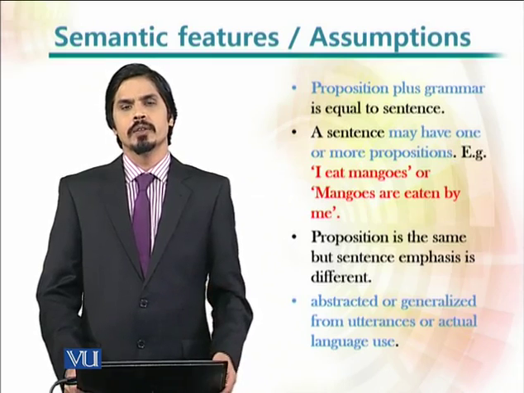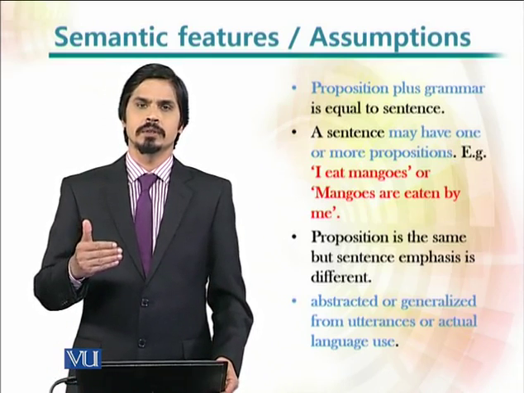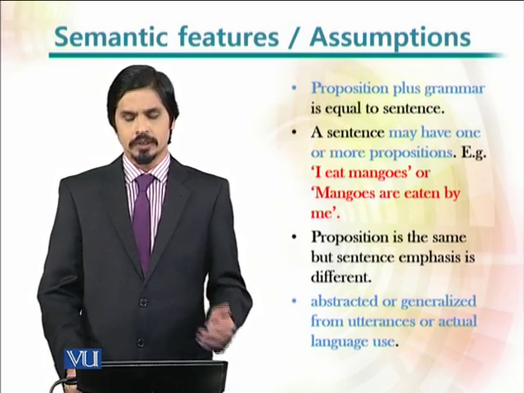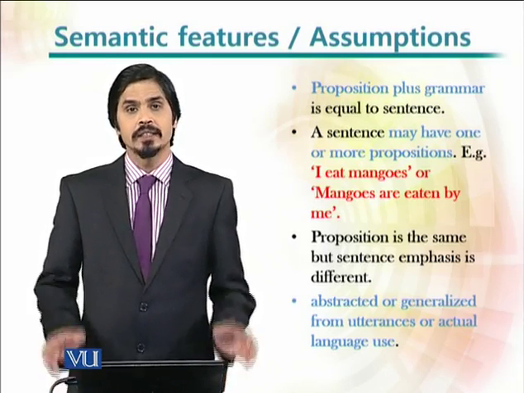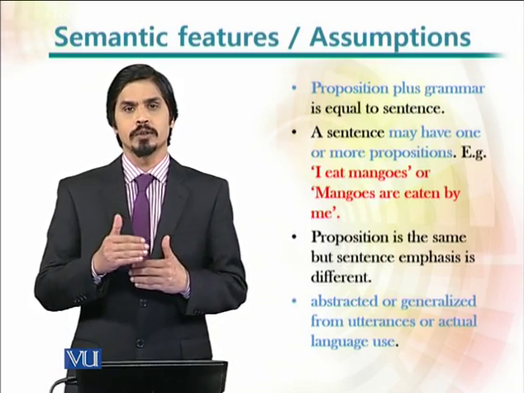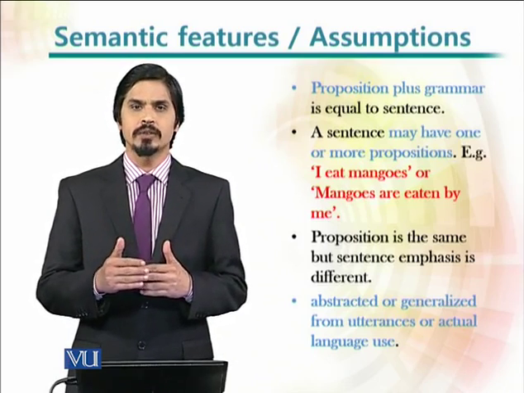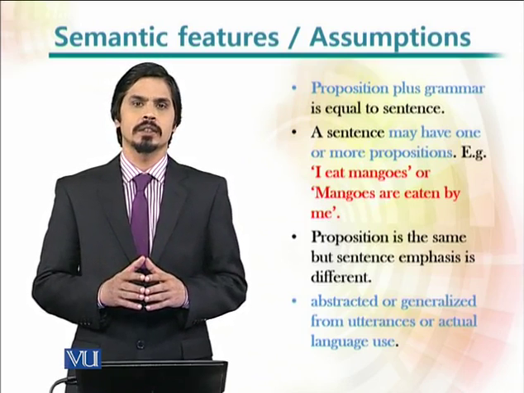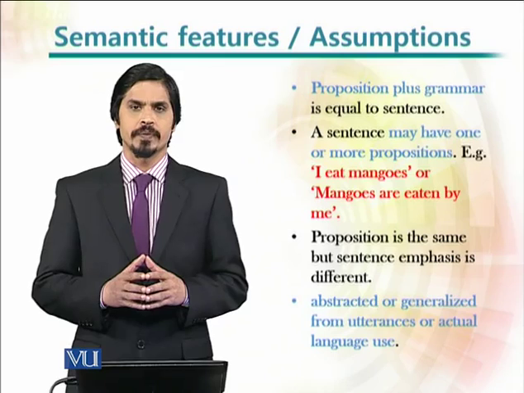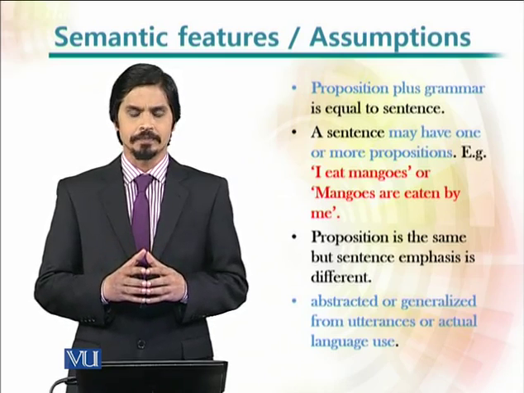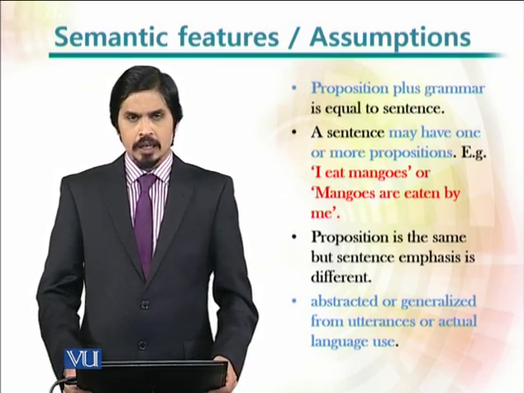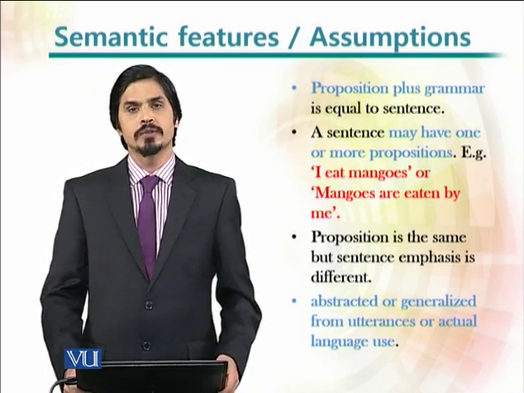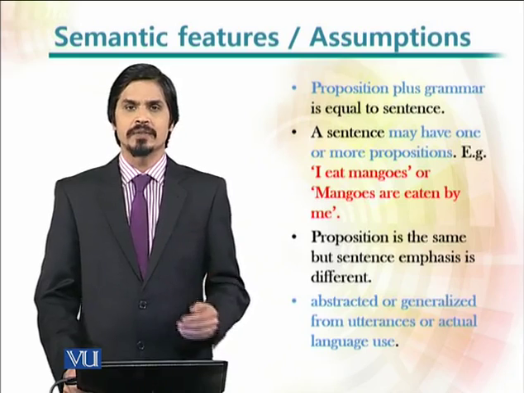For example, we have the example of I eat mangoes, or mangoes are eaten by me. These are two different sentences. One belongs to active voice, the other belongs to passive voice. However, they carry one single proposition, that mangoes were eaten. These sentences are usually abstracted or generalized from utterances or real-life language use.